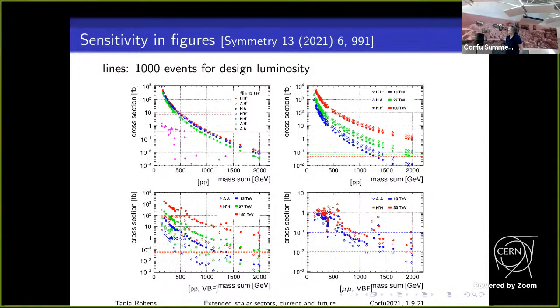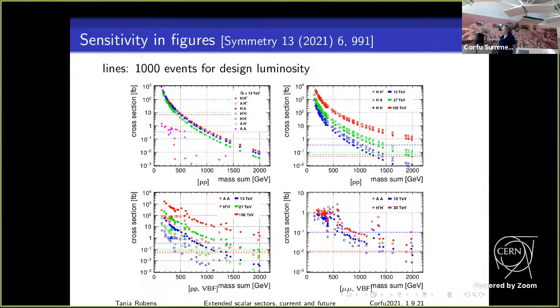Okay, so I show you the sensitivities in figures. Again, the lines are the cross-sections you would need for 1000 events for the design luminosity. On the upper left, you see as a function of the mass sum of the produced particles the cross-section in femtobarn, for HL-LHC for various production processes.